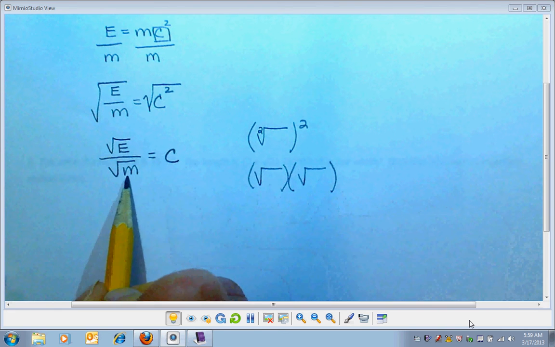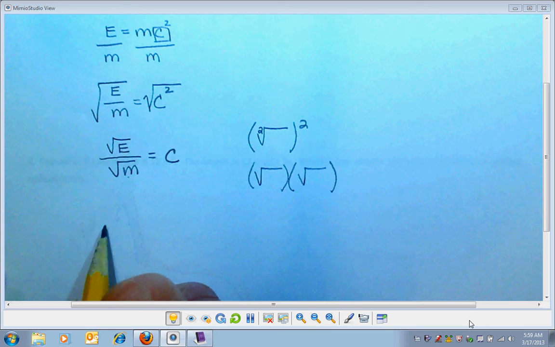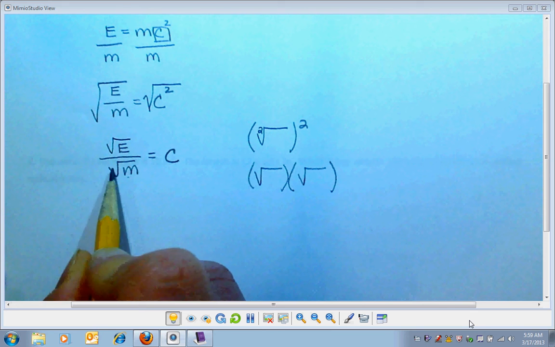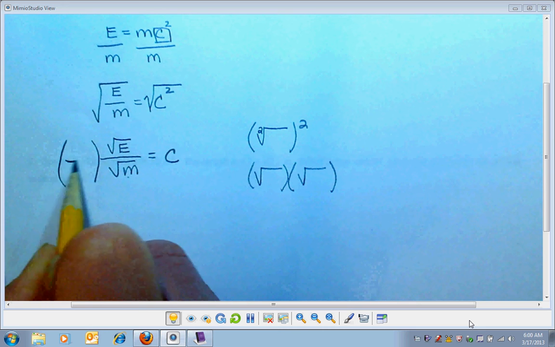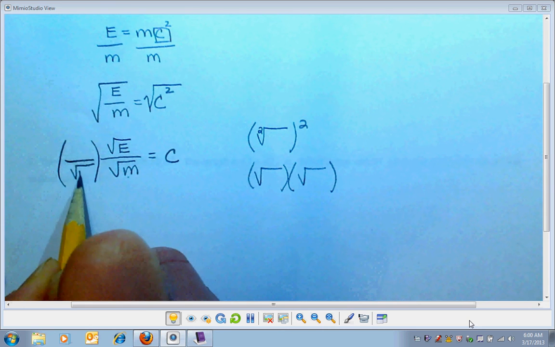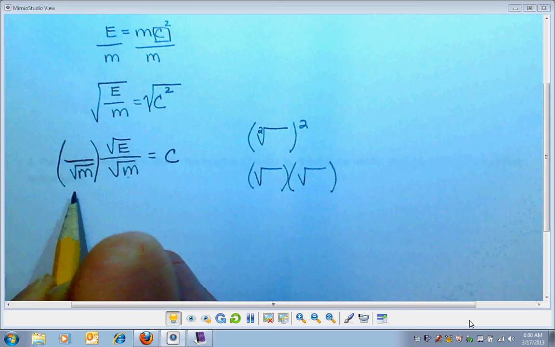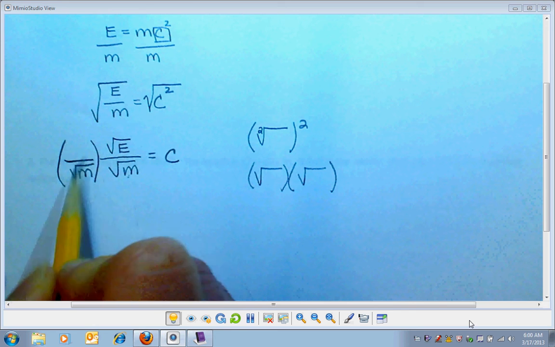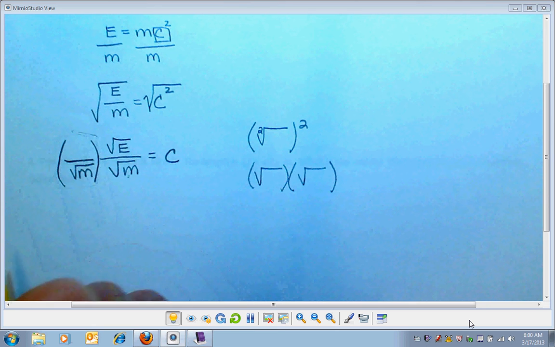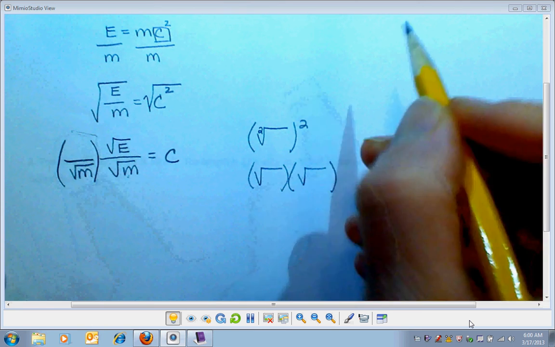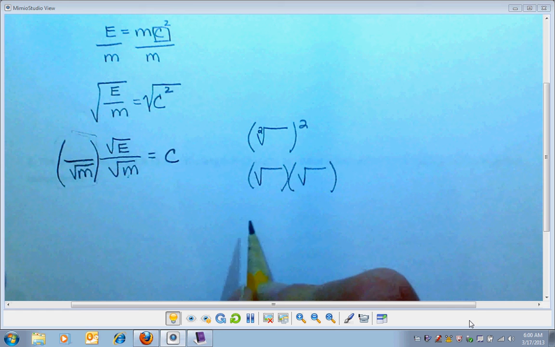So that means in order to get rid of the square root of m, I have to multiply the square root of m by itself. In order to get an equivalent fraction, this number right here that I'm multiplying by has to be equivalent to 1. So let's examine that for a minute.